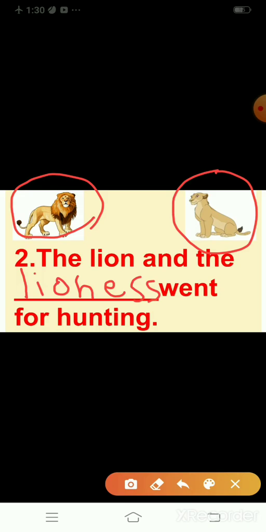So let us read out the sentence one more time. Repeat after teacher. The lion and the lioness went for hunting.